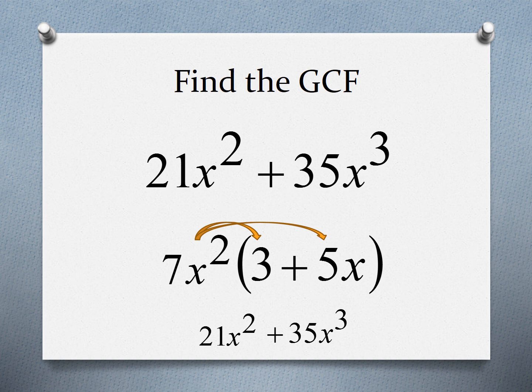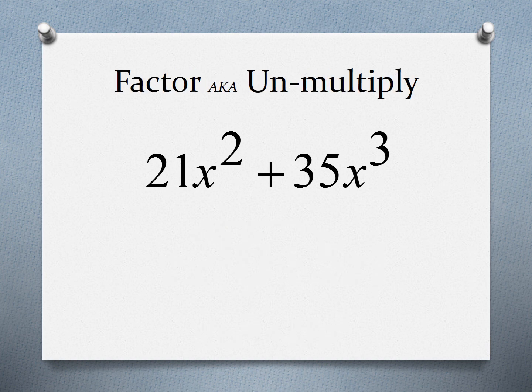So you will be challenged with what we call factoring in this course. So let's take a look at this problem again. We've been asked to factor 21x squared plus 35x cubed. Factoring is also known as the art of unmultiplying. It's just another word for factoring. Well, it's actually a made-up word, but unmultiply is what we want to grasp.